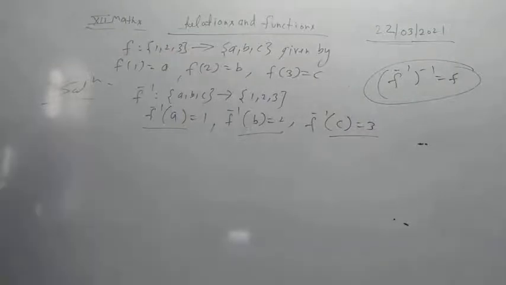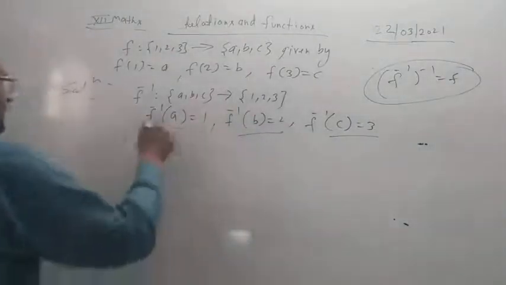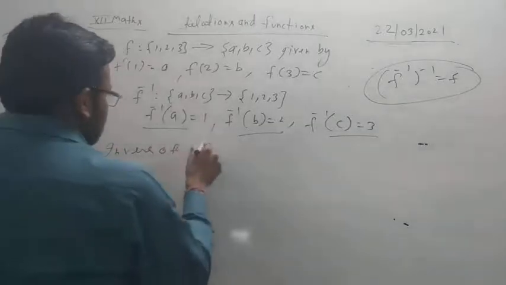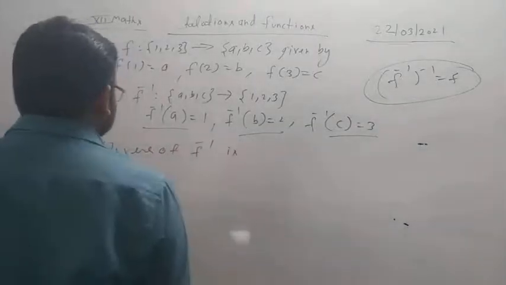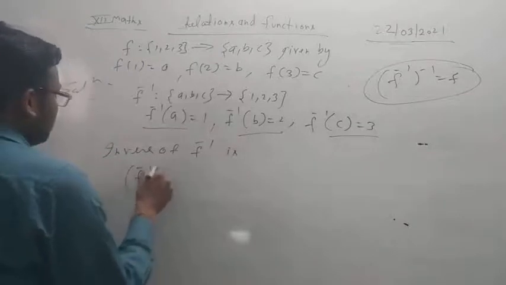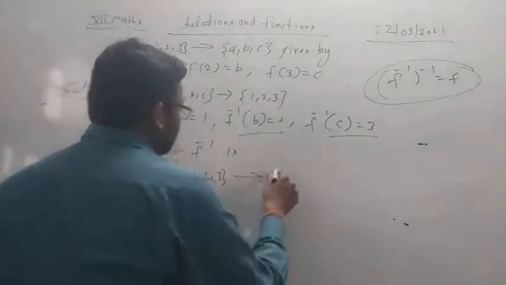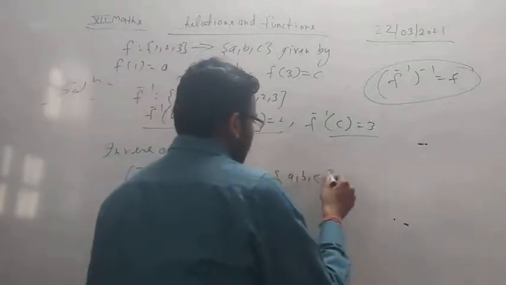Now the inverse of this will be what? So we write the inverse of f inverse from {1, 2, 3} to {A, B, C}.